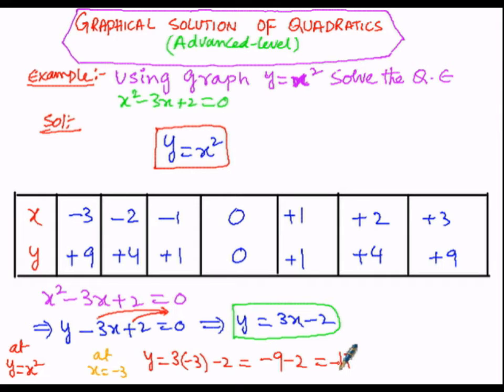So we got y equals minus 11. The first ordered pair will be x equals minus 3, comma, y equals minus 11. So this is the first ordered pair for the given equation y equals 3x minus 2. Then we are going to replace x by minus 2 in the next equation, y equals 3x minus 2.